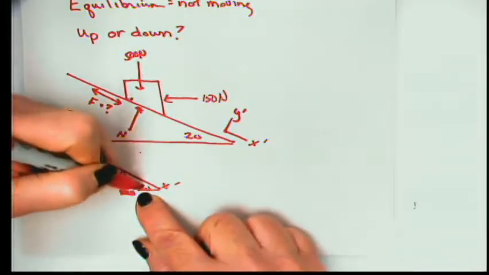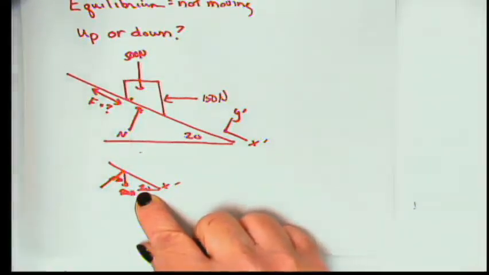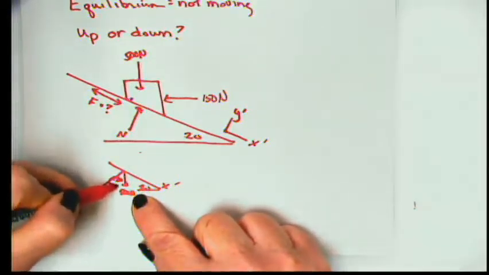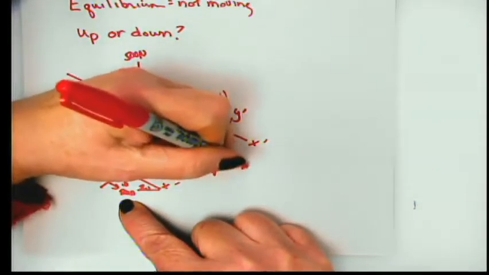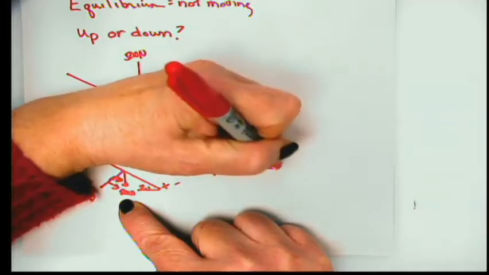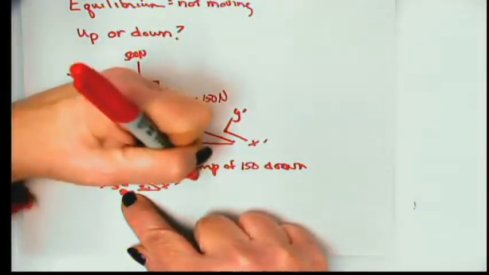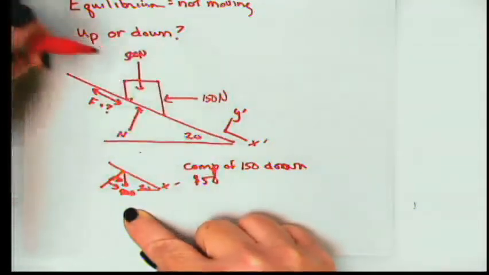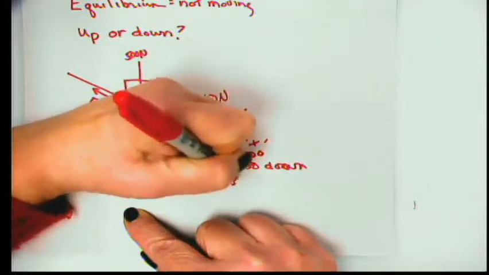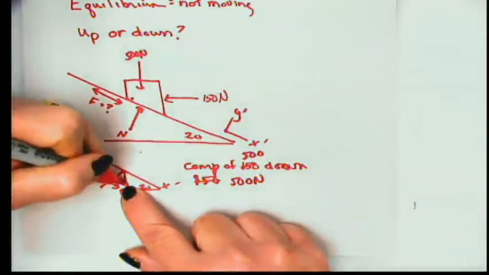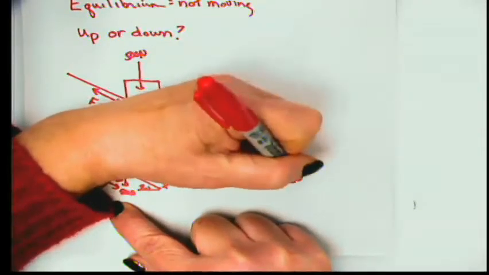This is perpendicular to this. So if this is 20 degrees, this is also 20 degrees. So that means that the component of the 500 pushing it down the plane is going to be 500 newtons, and we want to go down the plane, so that's opposite, times the sine of 20 degrees.